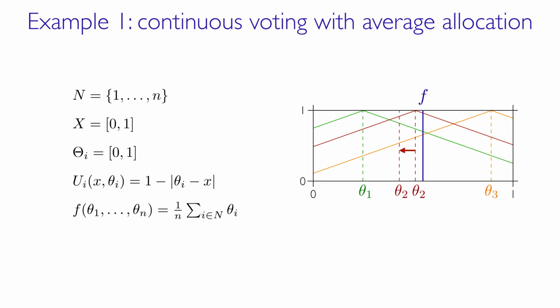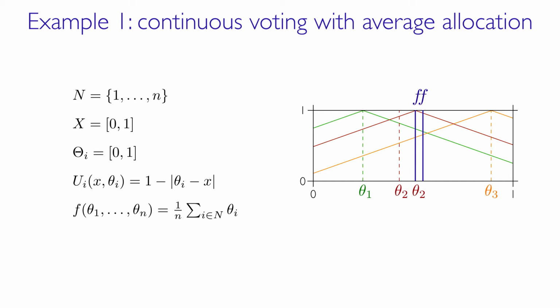Suppose that the player misreports her type, communicating a smaller value than her true type. For instance, suppose that the true type is 0.5 and the player reports 0.4. Thus, the average returned by the social choice function will reduce and then will get closer to the true type of the player.